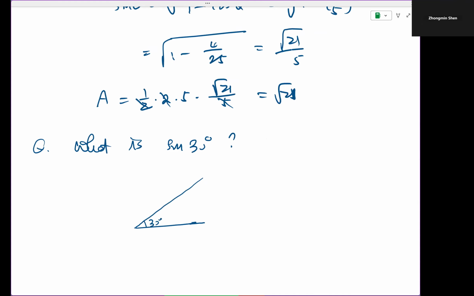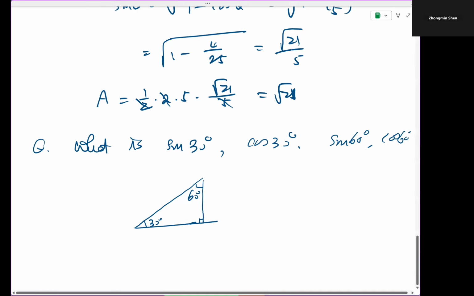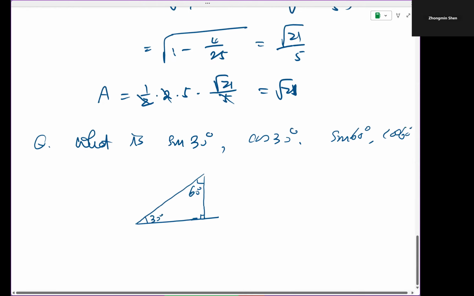This is 30 degrees. This will be 60 degrees, right? This is 90 degrees. So we try to find sine 30 degrees. We also want to find cosine 30 degrees, sine 60 degrees, and cosine 60 degrees. We find all those special angles.